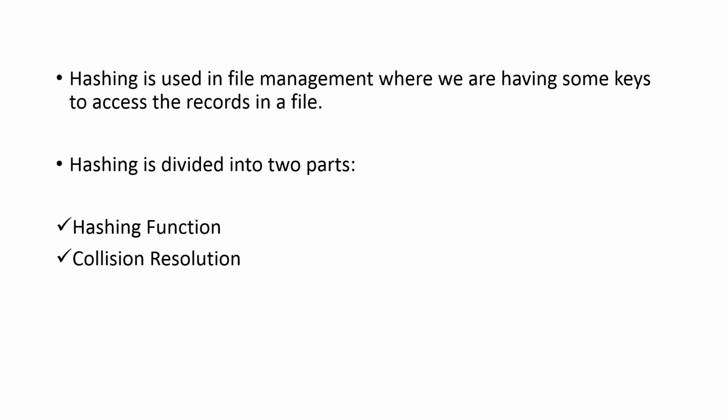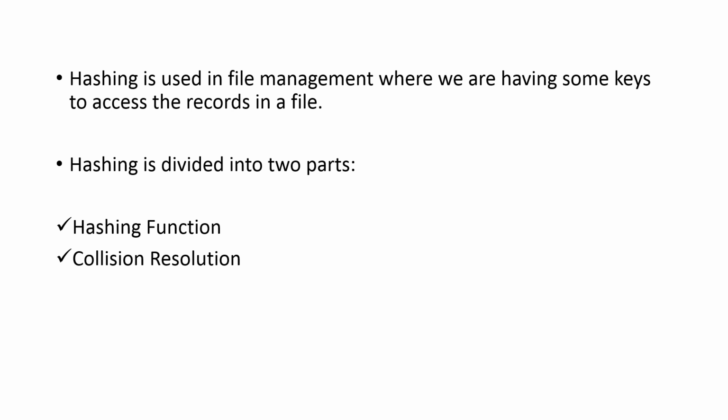Hashing is used in file management, where we have some keys to access the records in a file. With the help of the keys, we go to the records which are stored in the database.